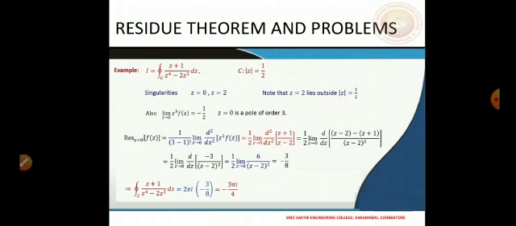We have to consider this function z cube f of z. So here we have 1 by 2 factorial, then this limit of the second derivative of (z plus 1) over (z minus 2).